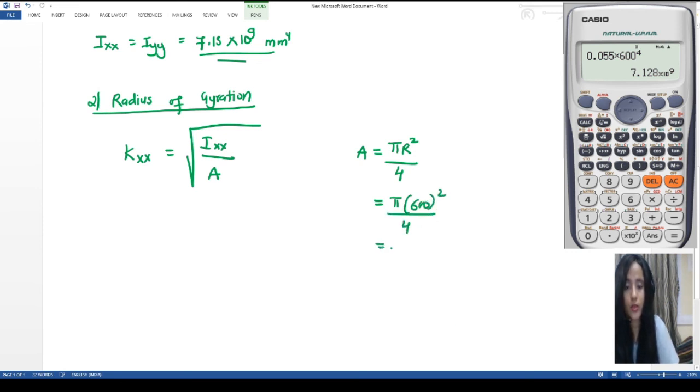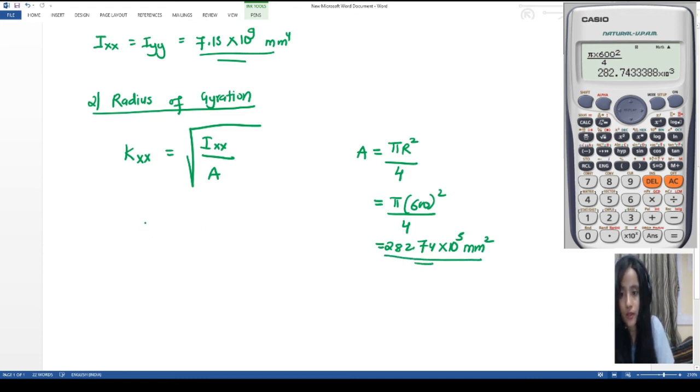It will be coming equal to 282.74 into 10 raised to power 3 mm square. So this is my area for a quarter circle.